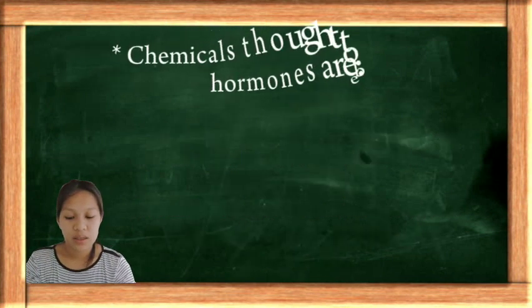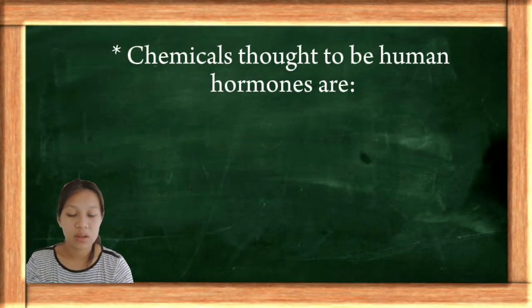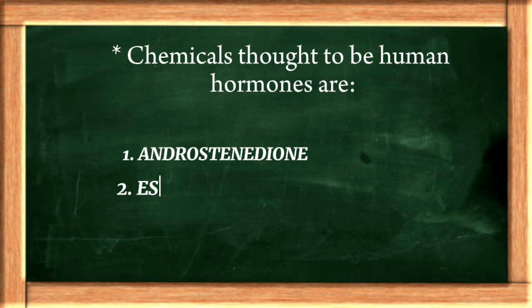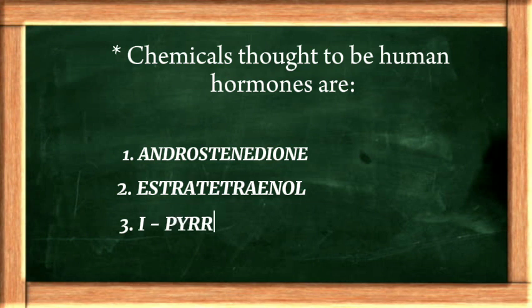Chemicals thought to be human pheromones are, first, androstenedione, a testosterone-like substance found in males with saliva and urine. Next is estratetraenol, or EST, an estrogen-like substance found in female urine. And lastly is copulin, or hexanoic acid, found in human semen, pubic sweat, and vaginal secretions.